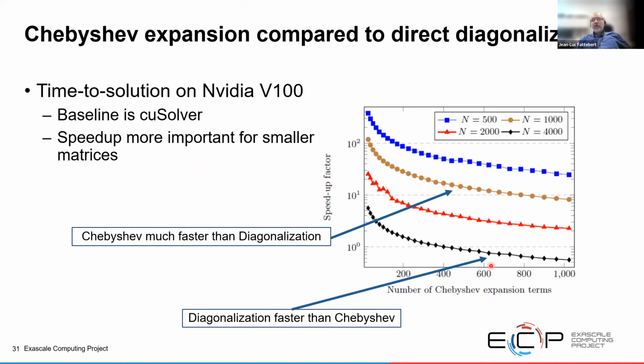Only if your matrices become pretty large, here the black dots are for matrices 4,000 by 4,000, and the order of your polynomial expansion goes beyond 500, you start being less competitive. So it shows the potential of this type of algorithm on GPUs, in particular for matrices that are not super large.